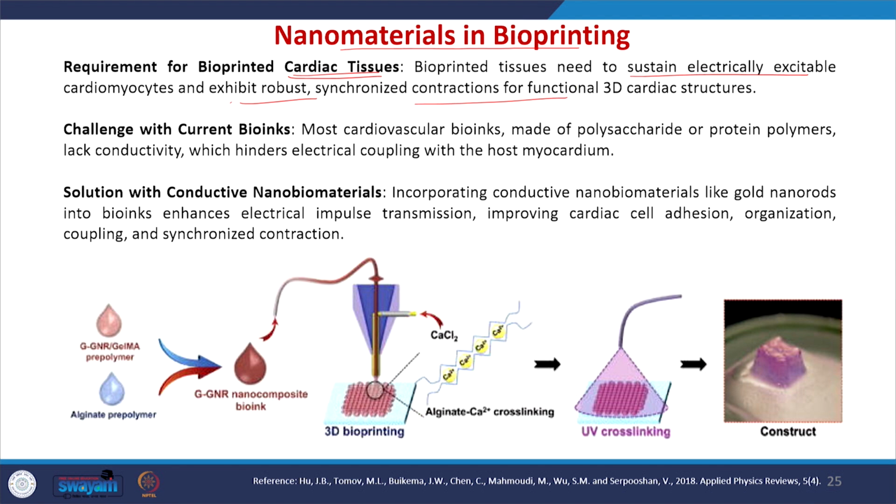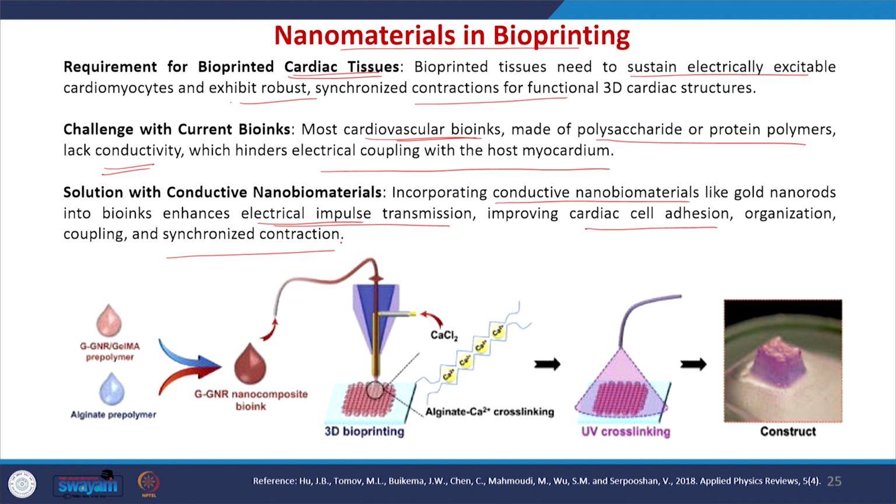But the challenge with the current bioink is that most cardiovascular bioink is made up of polysaccharide or protein polymers, and it lacks conductivity, which hinders the electrical coupling with the host myocardium. To overcome that, we have to incorporate conductive nanobiomaterials like gold nanorods into the bioink, which will enhance the electrical impulse transmission and improve cardiac cell adhesion and organization.